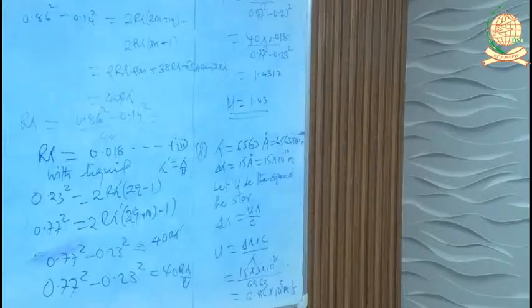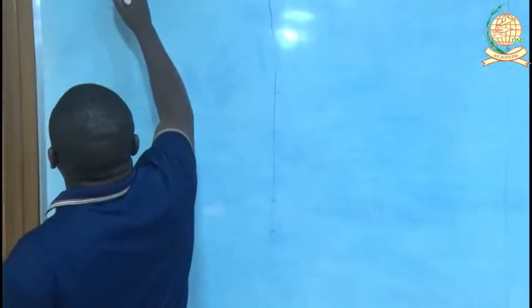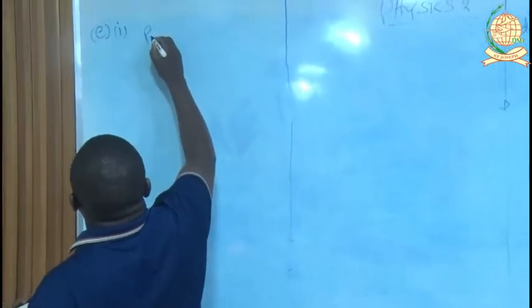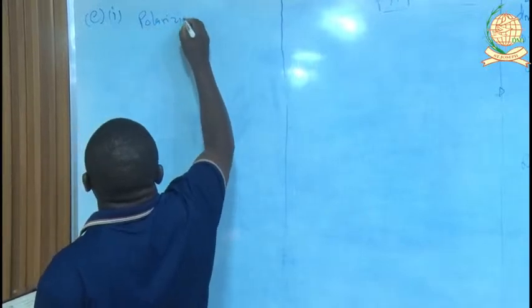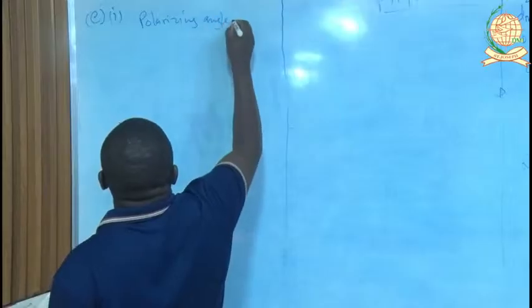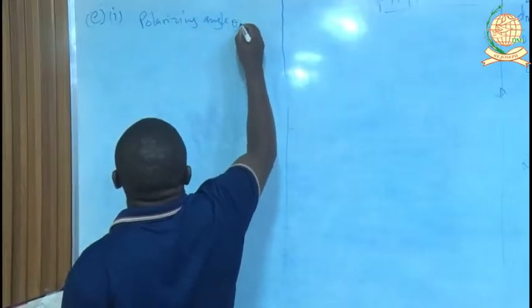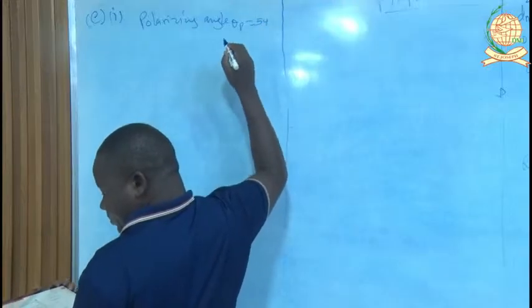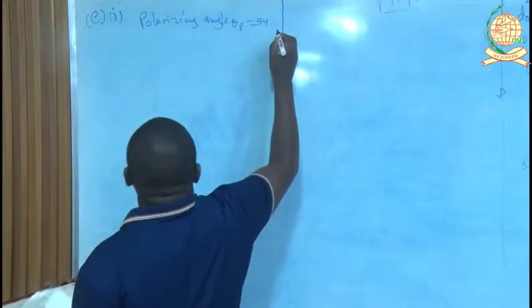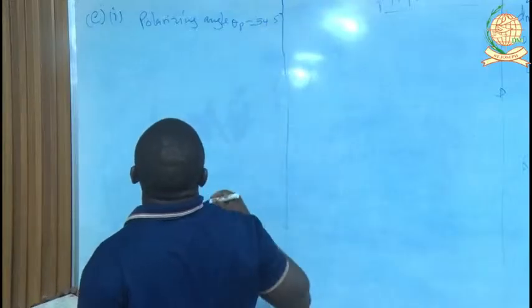Roman 1. A parallel beam of unpolarized light in air is incident at the angle given. So we have the polarizing angle theta P equals 54.5 degrees.